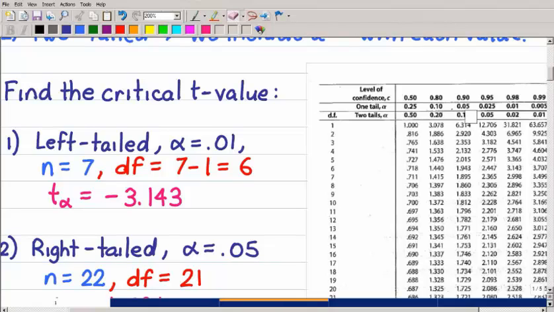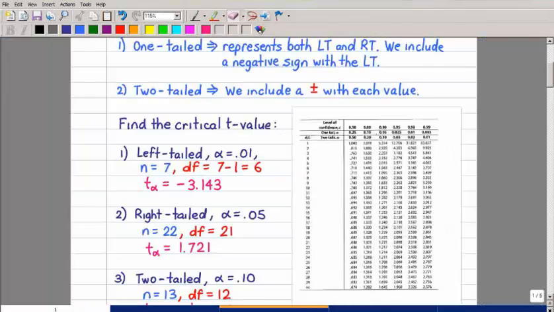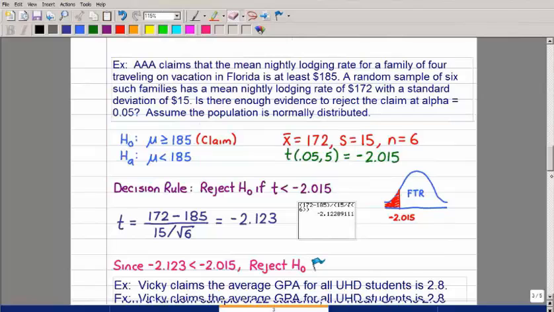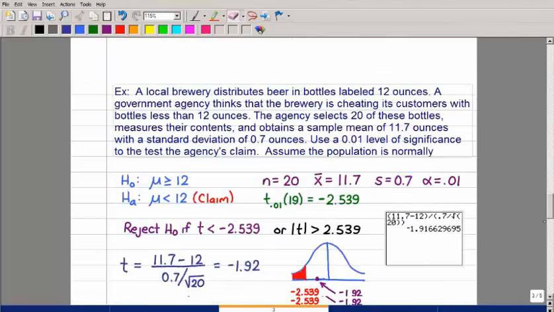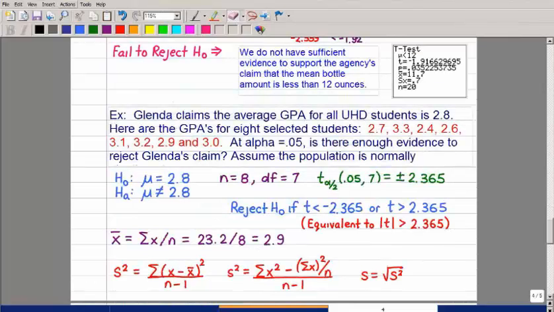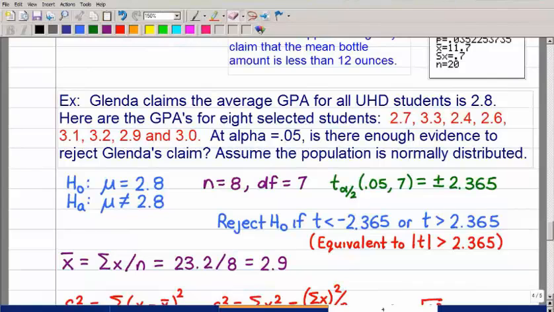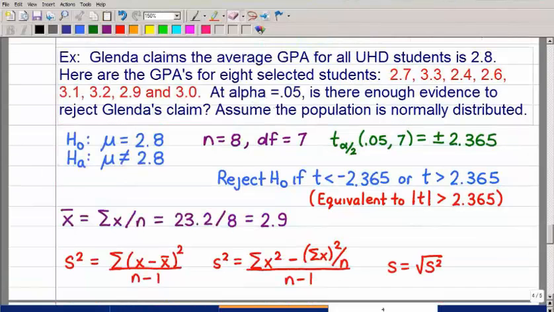Once again, we have to make sure we're on the correct row, the one-tail and two-tail. So you see I have plus and minus two-tailed 2.365.